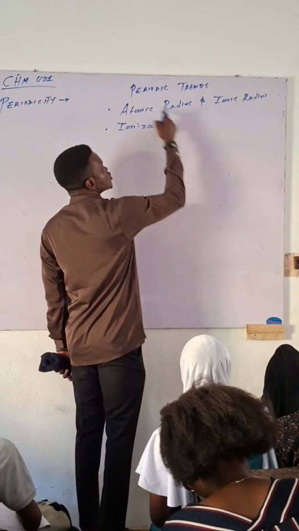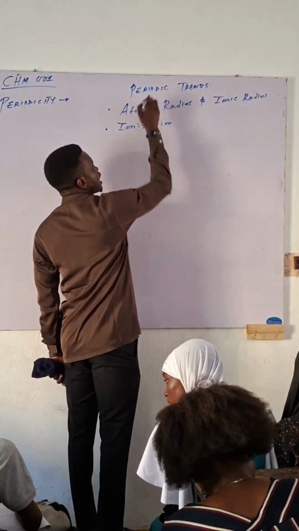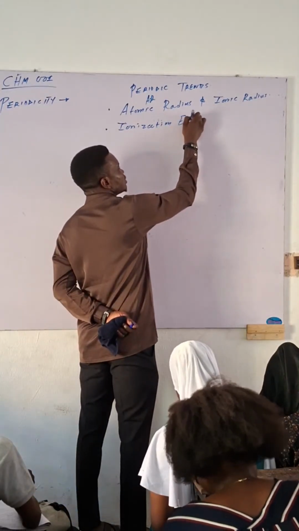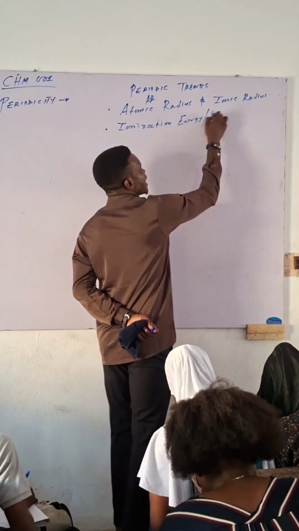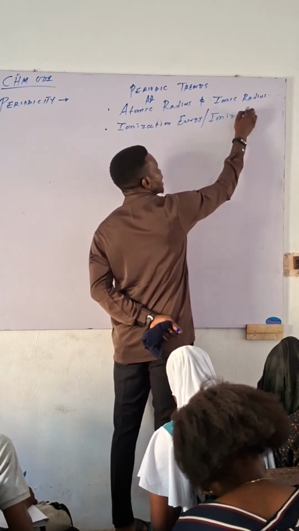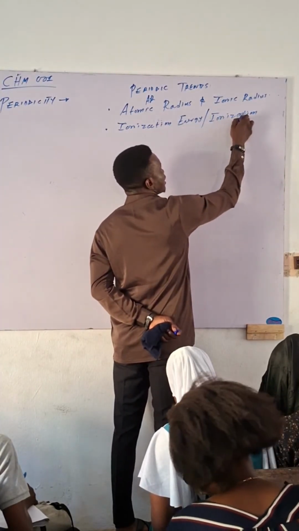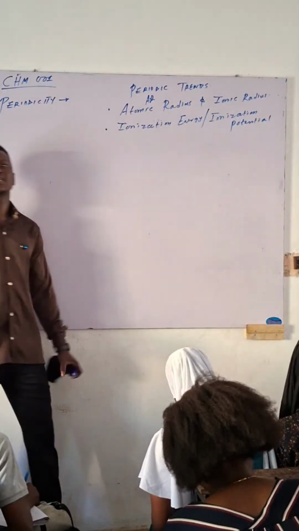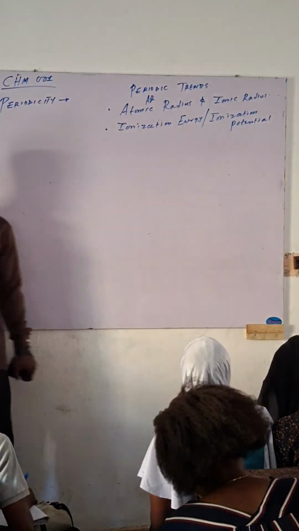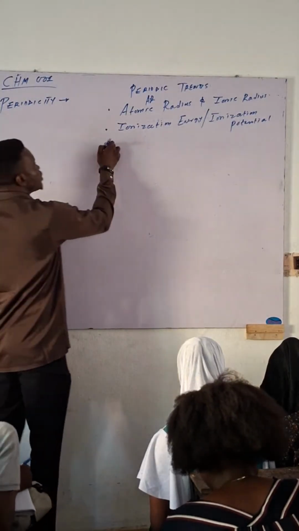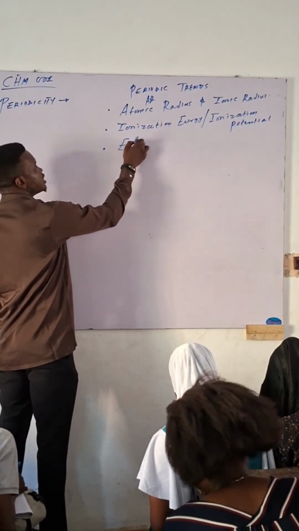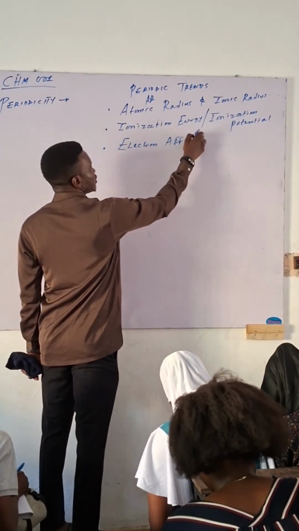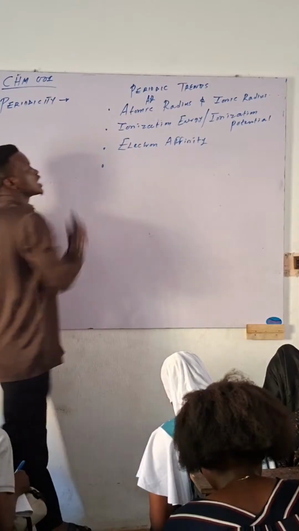Ionization energy, represented with I.E. In some cases, you see it as ionization potential. So you have ionization energy or ionization potential. You have what we call electron affinity. I will explain them in a short term.